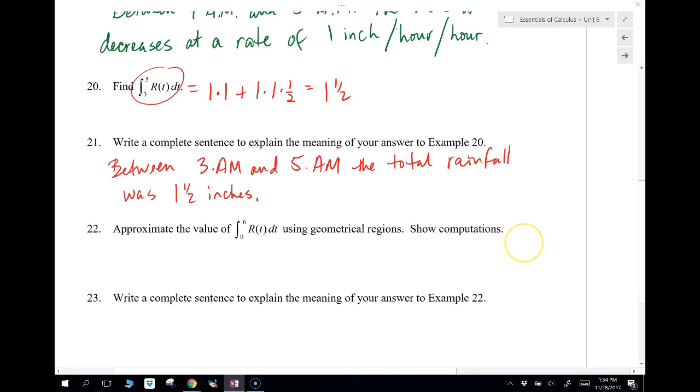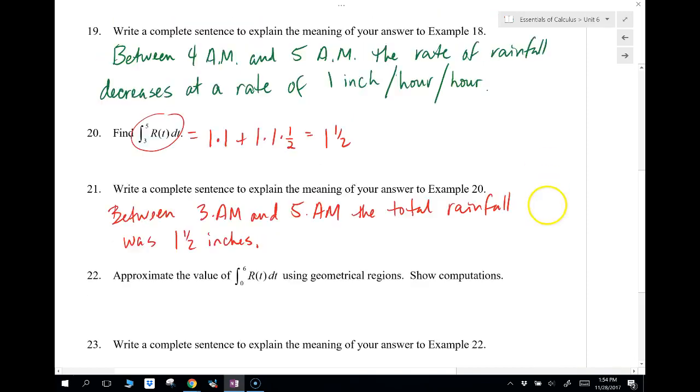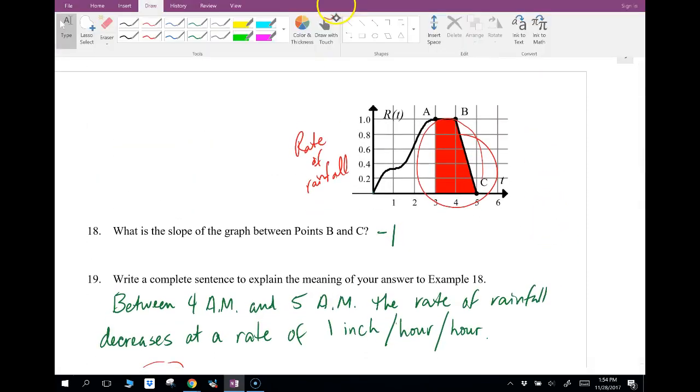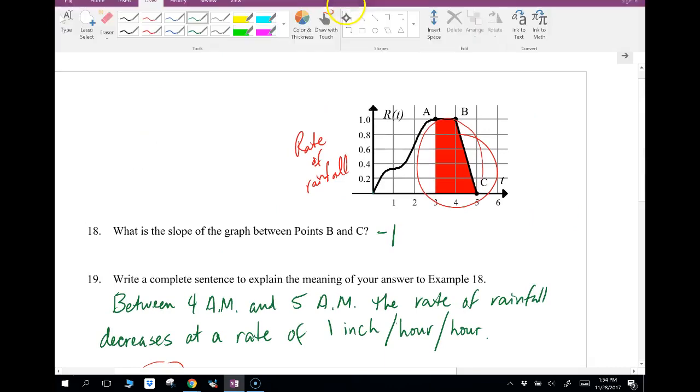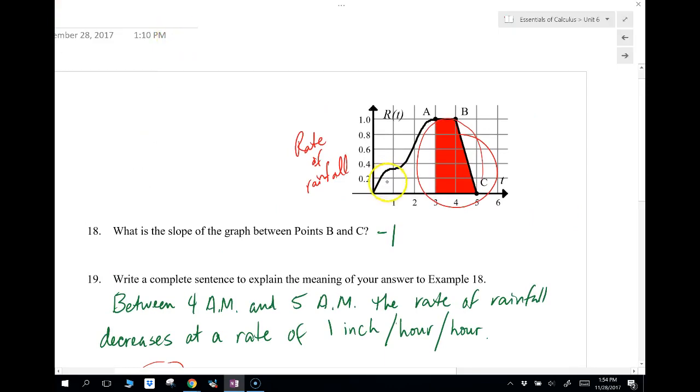Okay, so we're going to approximate the value from 0 to 6 of R of t, that's my function up there, using geometrical regions. So let me use blue. I've got to estimate.